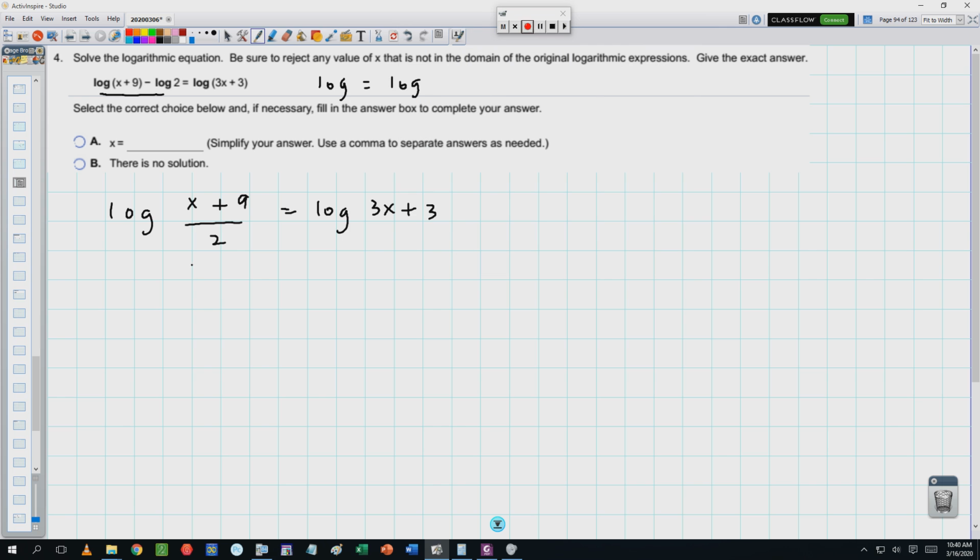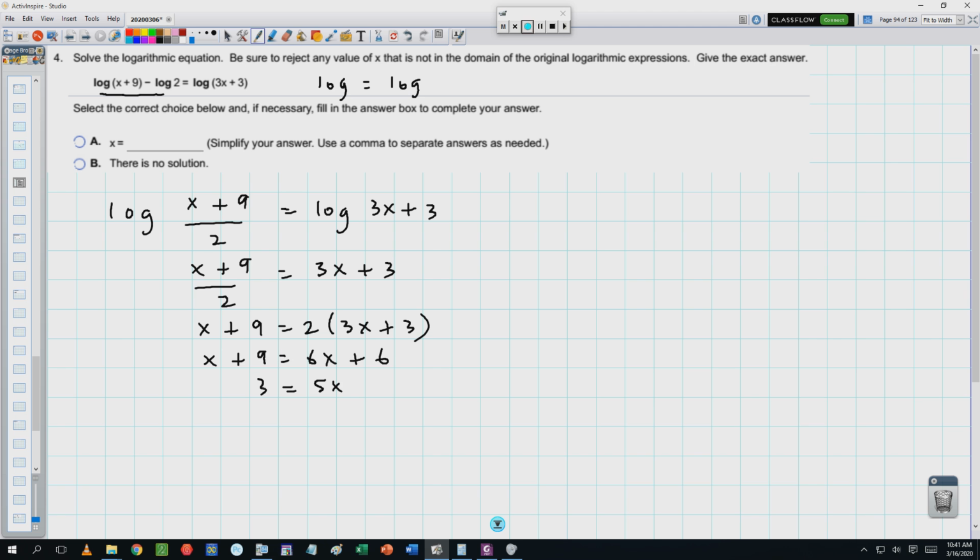Now that I have a log equal to a log, the logs are unimportant to the problem. I'm going to cross multiply the two to the right-hand side. I'm going to take the x to the right, the 6 to the left.